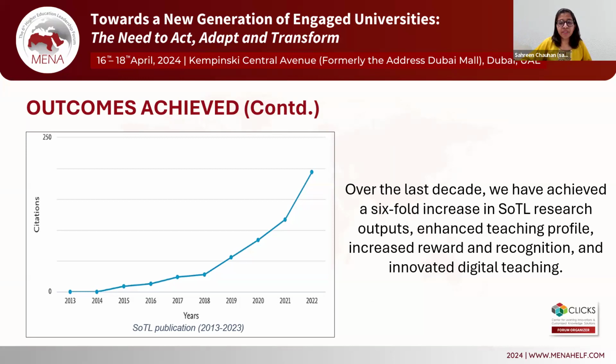Thus it shows how we have raised the profile of teaching and learning at our university, which was popularly known as a research-led university in the past, and still is, but you can also see more weightage given to teaching and learning related initiatives.